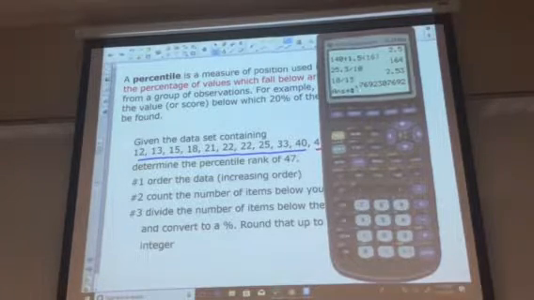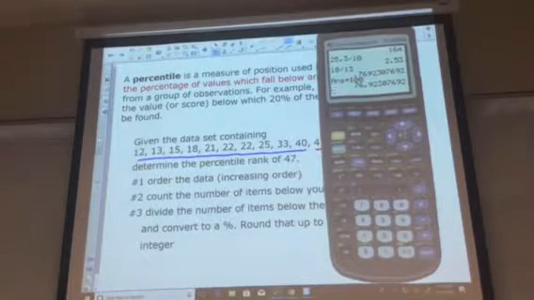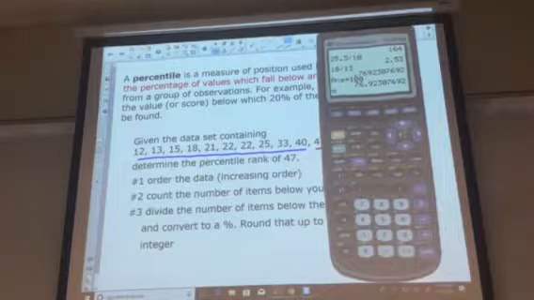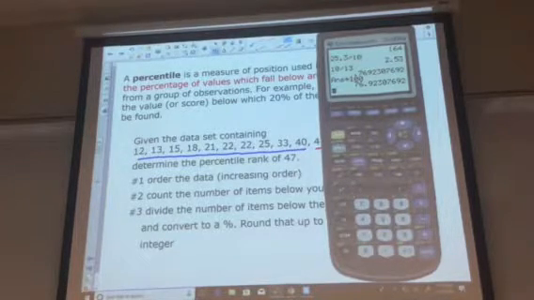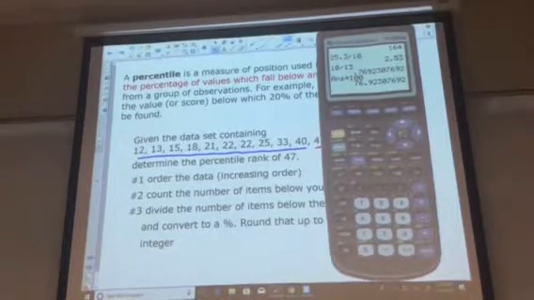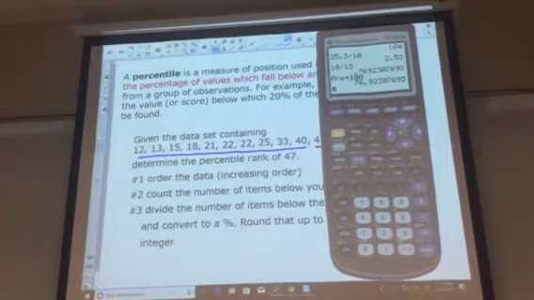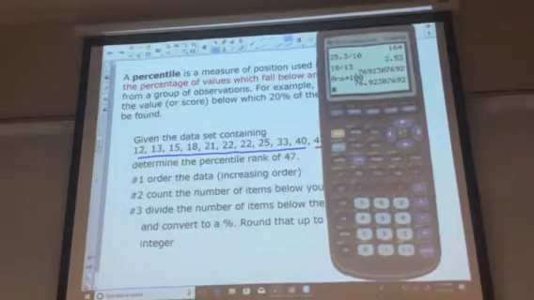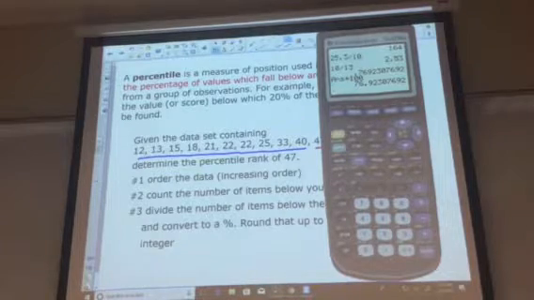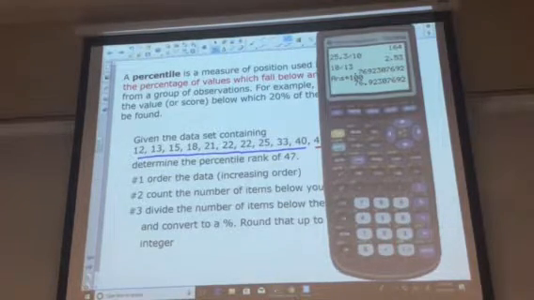I convert that to a percent by multiplying by 100, and now I round that up. Why round it up? 76.9% is below you. So your position at 47 does not make you at the 79th percent level, it makes you the 80th percent level. So that rounds you up in this particular case.